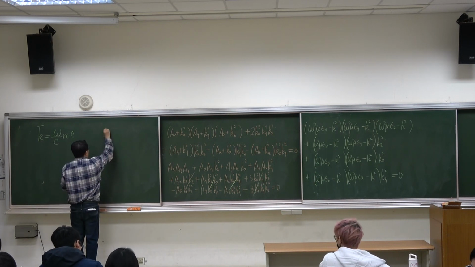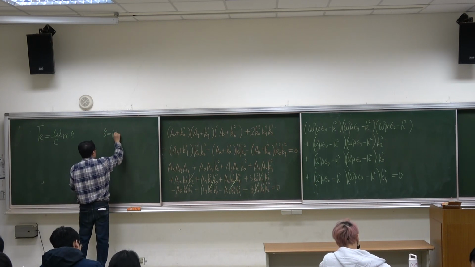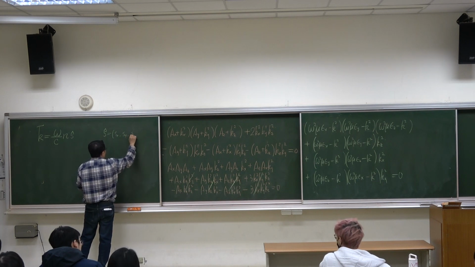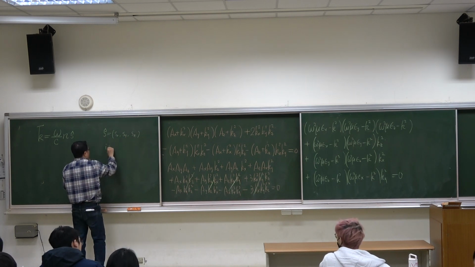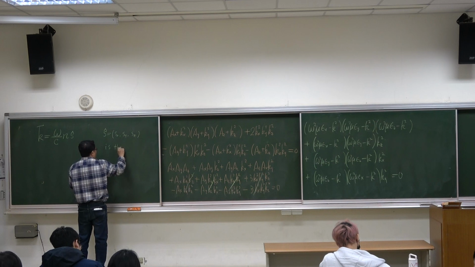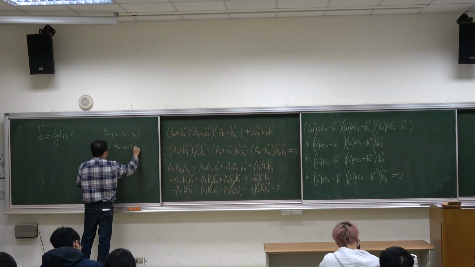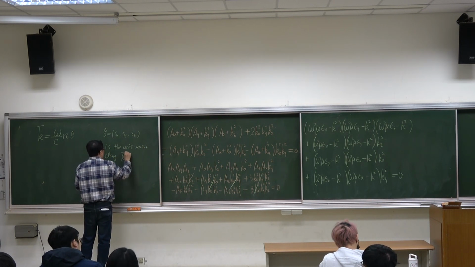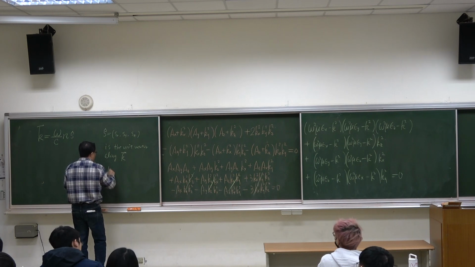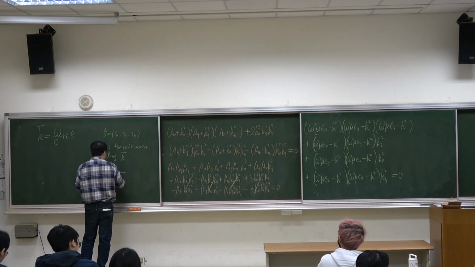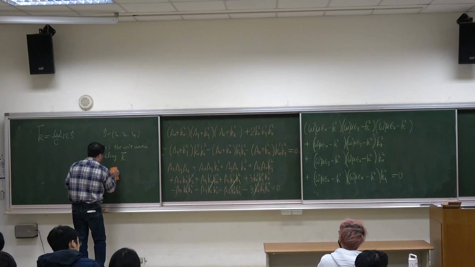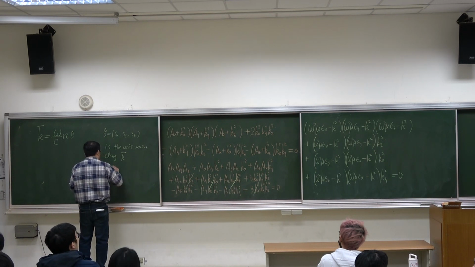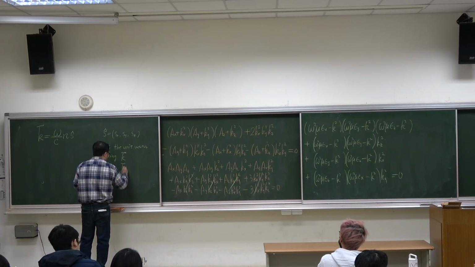Here s, with components Sx, Sy, Sz, is the unit vector along K, which means s is K divided by its magnitude.